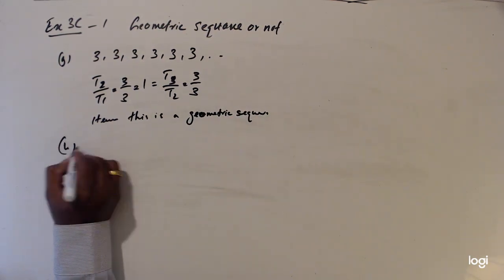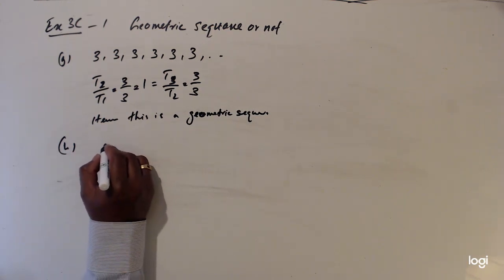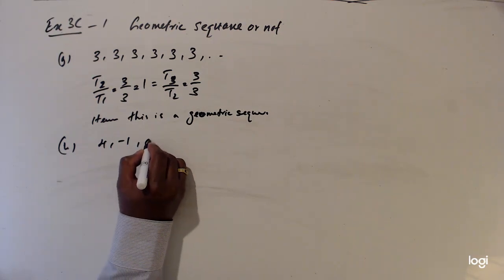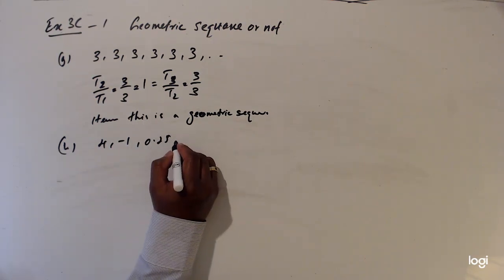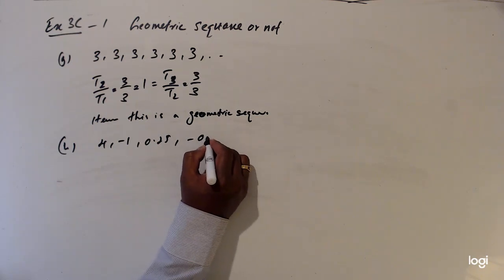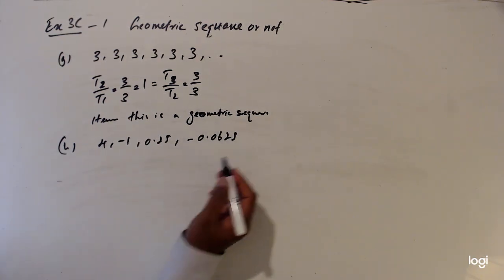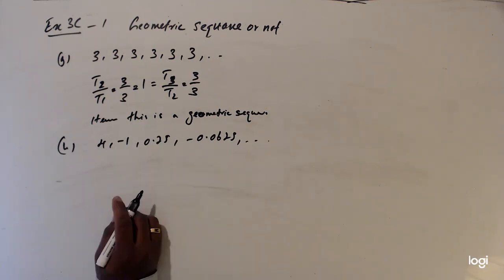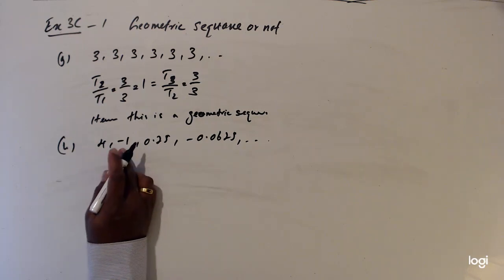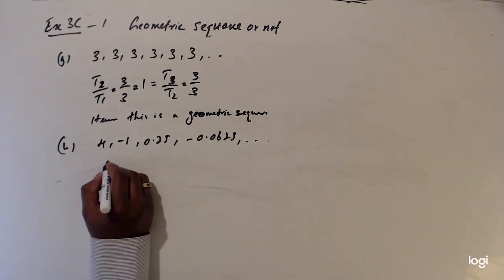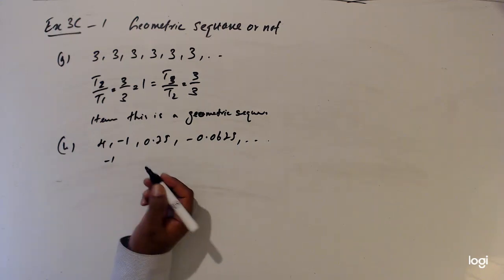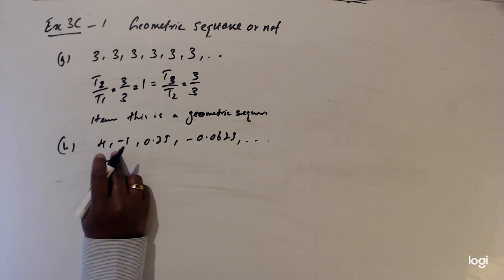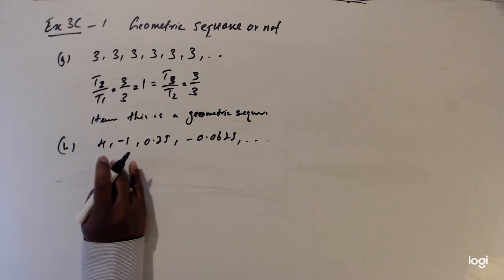And the other one, 4, minus 1, 0.25, minus 0.0625. Part H, minus 1 divided by 4 is minus 0.25, and 0.25 divided by minus 1 is minus 0.25.